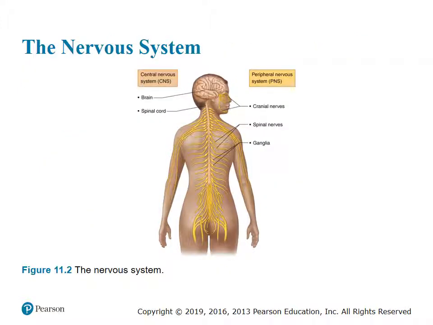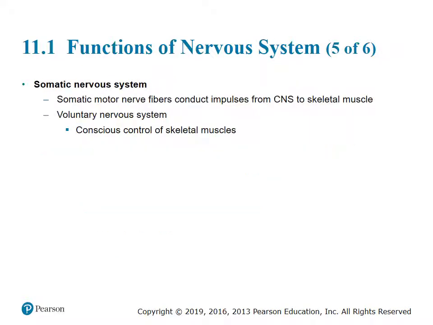So this figure, figure 11.2, which is also found in your book, shows you what is central versus peripheral, what falls in that list there. Okay?